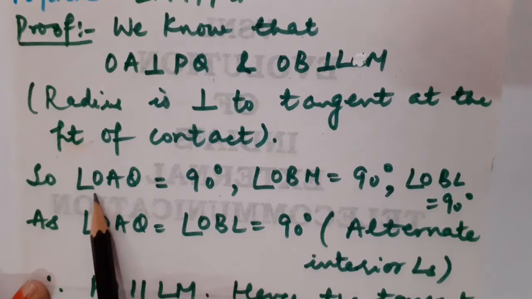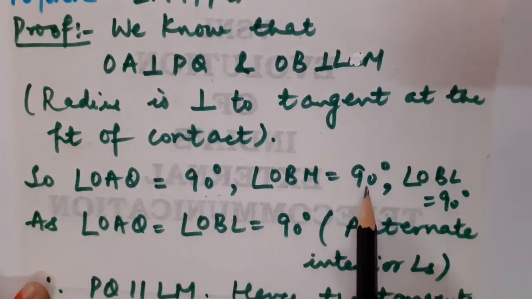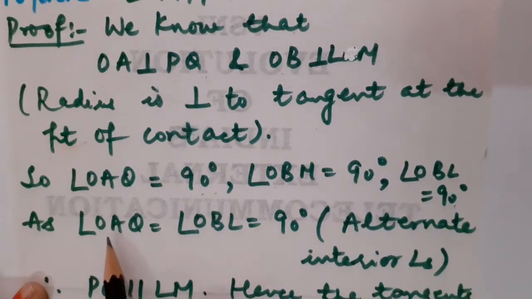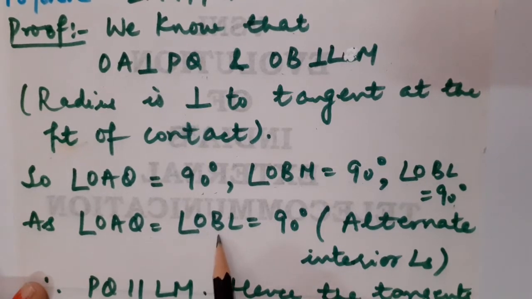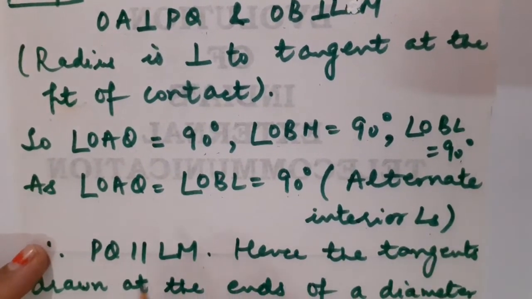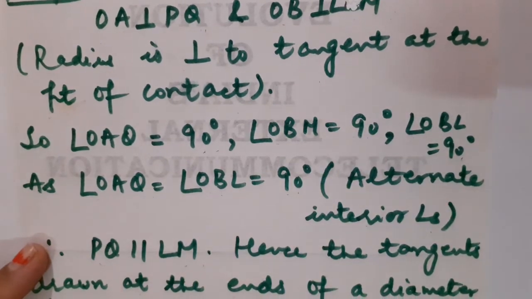So it means OAQ must be equal to 90 degree. OBM will also be 90 degree, and OBL will also be 90 degree. As angle OAQ is equal to OBL, both are 90 degree and both are alternate interior angles, and as alternate interior angles are equal, we can say that the tangents drawn at the end points of the diameter are always parallel to each other.